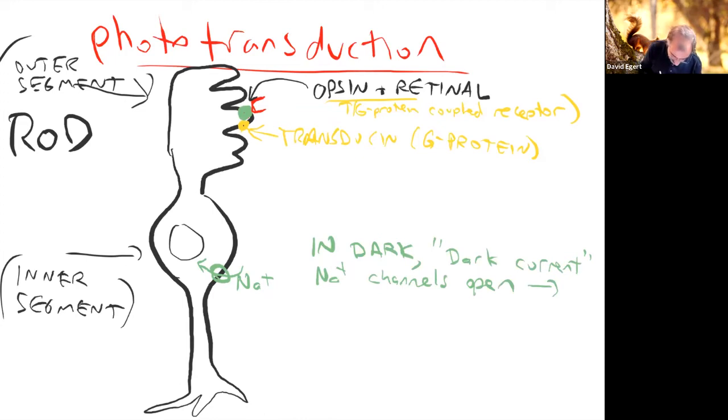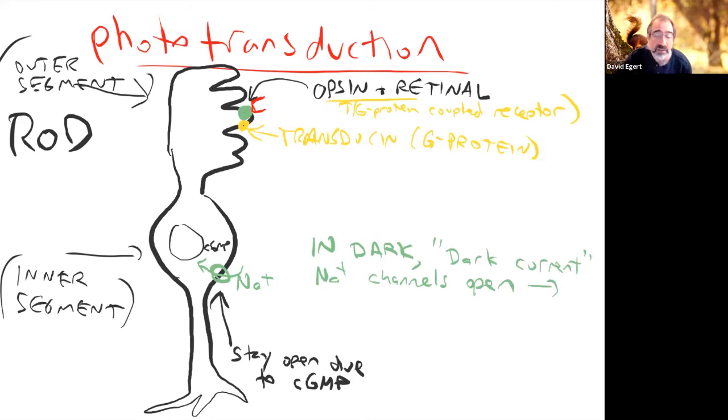And they stay open with cyclic GMP, the second messenger. Remember, we've talked about how second messengers ultimately can result in opening of channels. So as long as there's cyclic GMP in the cell, the sodium channel stays open.